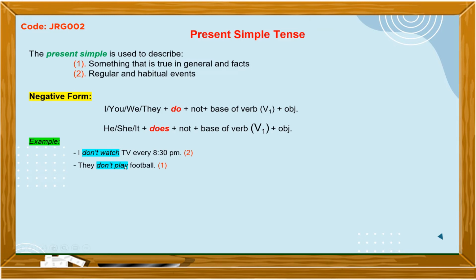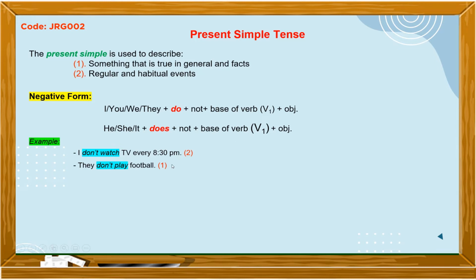Play here is the base form of verb, and then followed by football, the object. Okay, so they don't play football. All right, I mark it number 1 just to show that this activity refers to something that is true in general. Meaning that they don't play football in the present time, right? It is the fact, it is true that they don't play football. Probably they do anything else besides football. All right, so that's it for example number 2.